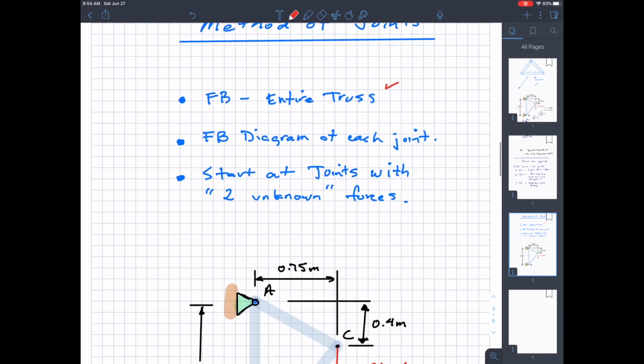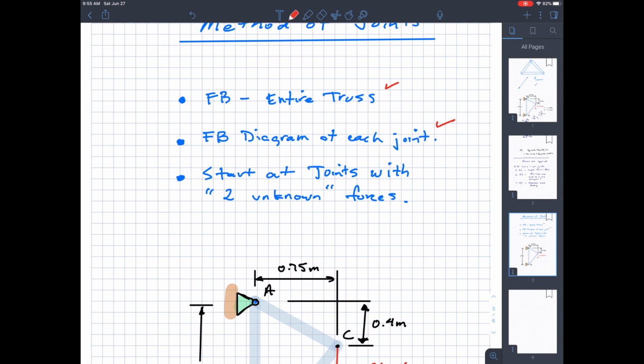But to look at the internal forces within the truss members, you can do a free body diagram of each joint. We're going to talk about how that would work and some assumptions you make for that. And then, as I mentioned, you can map a path towards solving these kinds of problems by looking at the joints in the correct order.